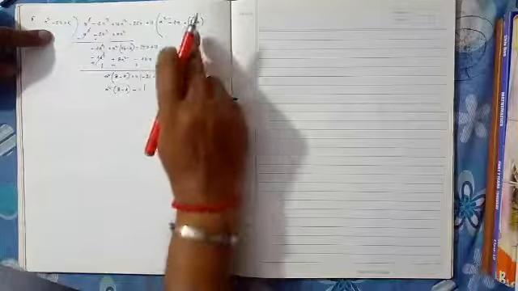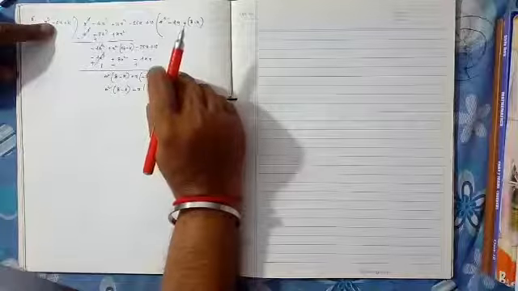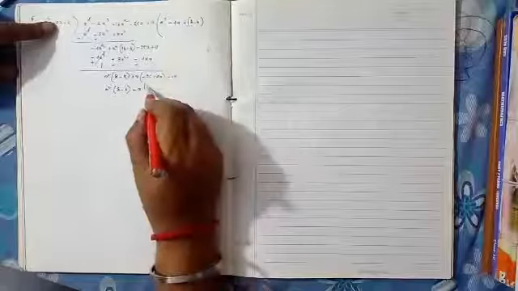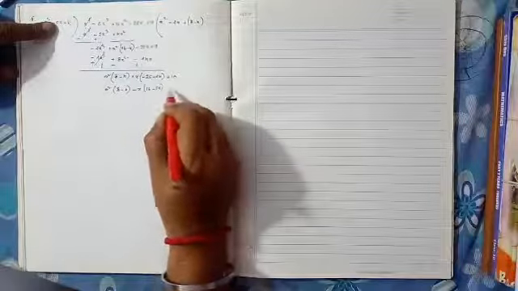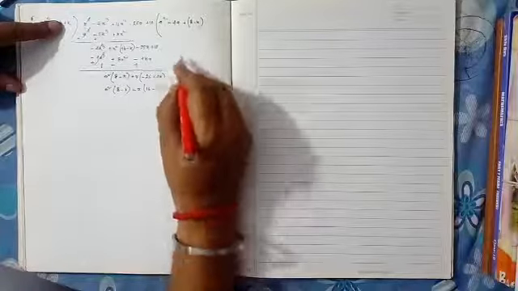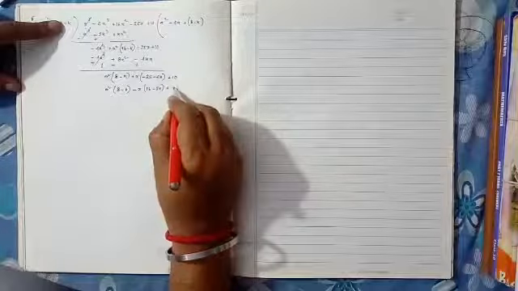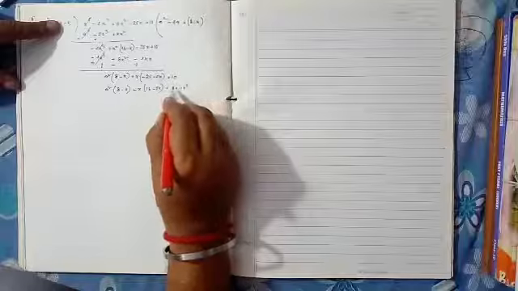Let us multiply this by 2 and write inside the bracket, that is 16 minus 2k. Then plus k into this, so 8k minus k square. This is the constant term.